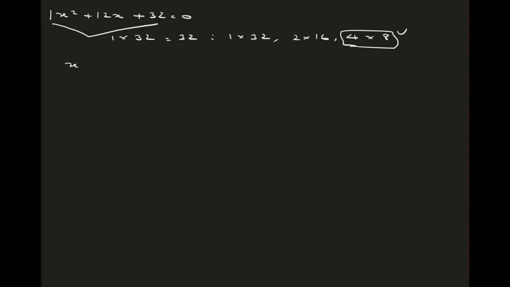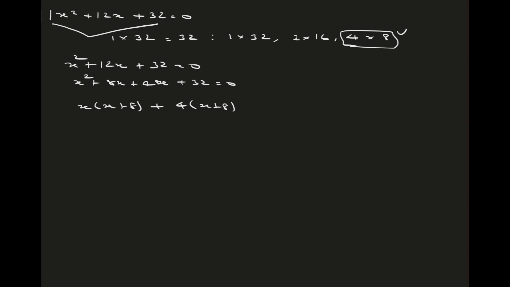So again, we bring that equation down, and then we have 32 here equal to 0. So we bring plus 8x plus 4x, and plus 32 equal to 0. And so we factor x out here, plus 8, then plus 4 here.